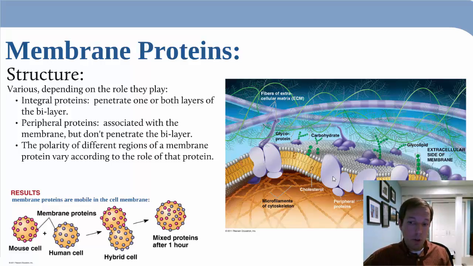As opposed to the ones that are embedded in the membrane, which are likely to have some hydrophobic regions, because they cannot be repelled out of the membrane by those fats. Fats tend to not have a very strong attraction towards each other, but if they are both hydrophobic, they will both hang out in the same area.